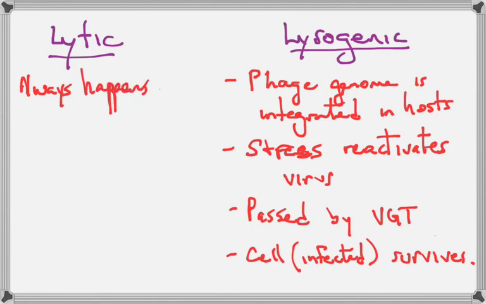What is another difference? Matt? Yeah, no integration into the genome. And so there's no free ride for the virus in the same way as there is with the lysogenic life cycle. Other differences? Olivia? Yeah, the way that I describe it is your lytic is a sprint.